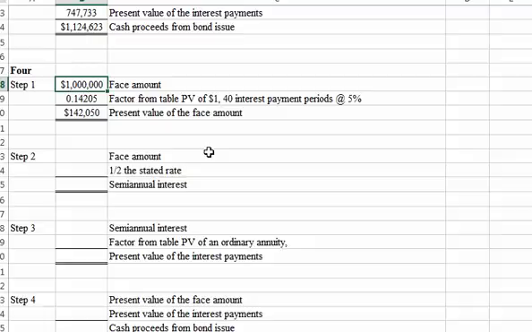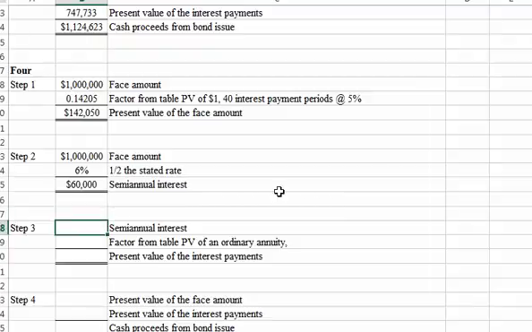Okay, so now we want to know how much interest this corporation is going to pay every 6 months, so we'll say $1 million. The stated rate on number 4 was 12%. Half that would be, of course, 6%. And that's 60,000.